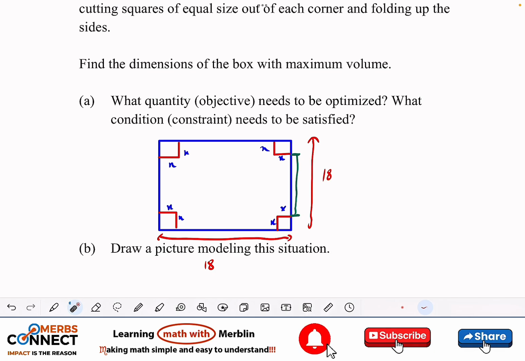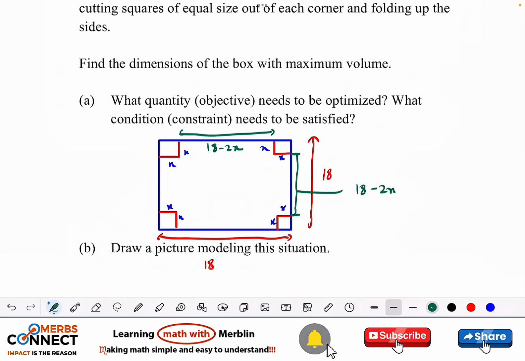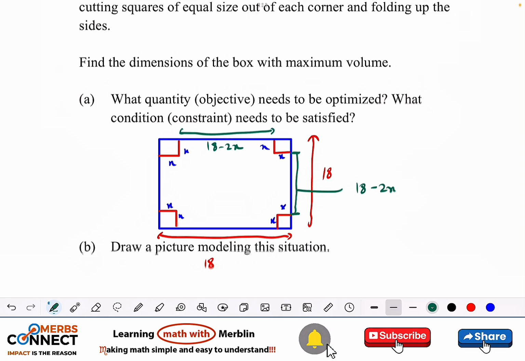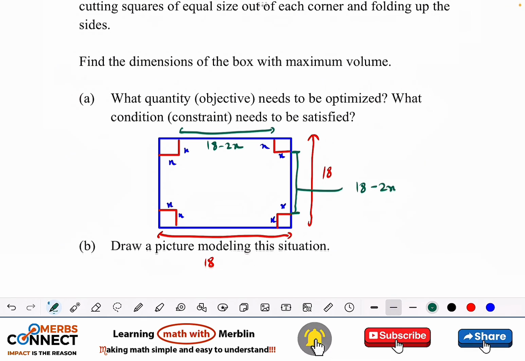Remember, the x here is the same as the x here. So the green is now going to be 18 minus 2x, because I have one x here and one x here. Same thing applies from this side to this side. The green is going to be 18 minus 2x. So this is how we can cut the base to form a square.